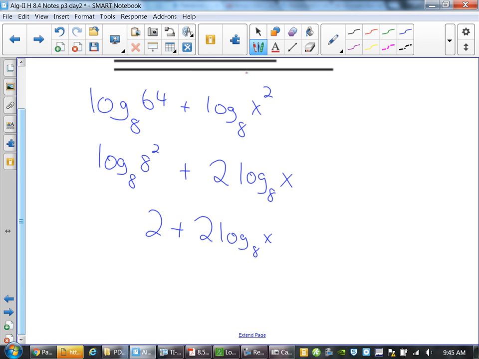Now, what this will allow you to be able to do is that if we set that equal to any number, then you can work backwards to solve for x by using these expanding and condensing style problems. Okay. Let's try another one.